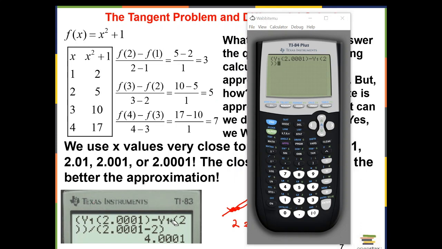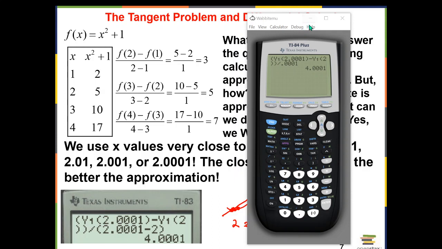And then divide by the difference between 2.0001 and 2, which is just 0.0001. So I'm going to divide by 0.0001 there. So 4.0001 is my estimate of what the rate is at 2.